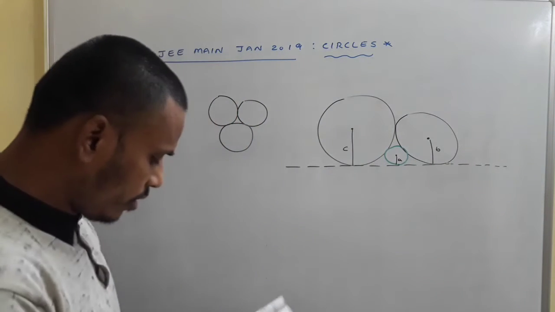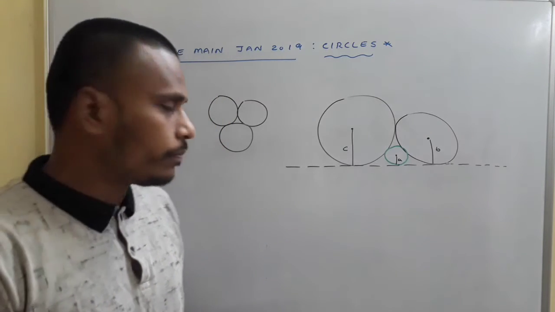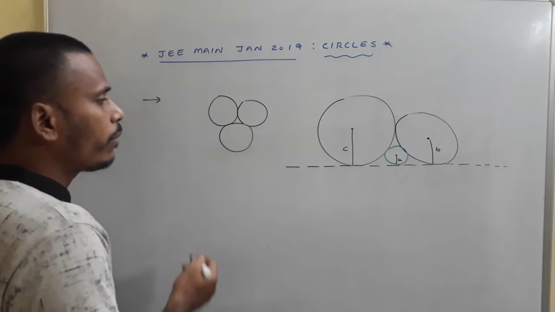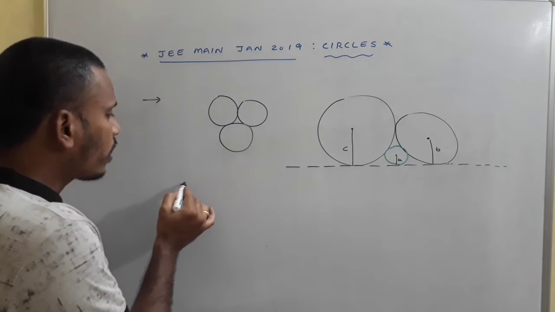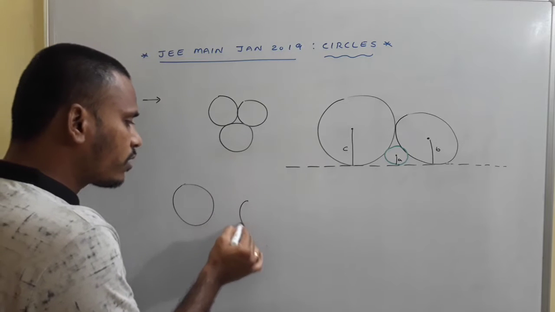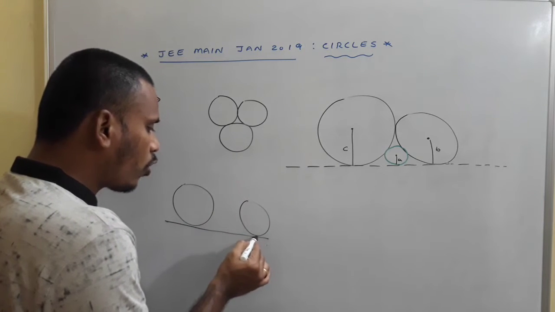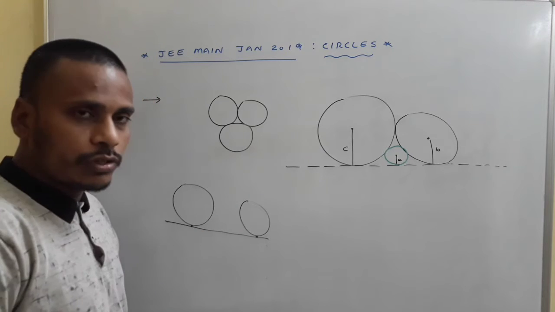Now the task is, we need to establish a relation between A, B and C. We are very familiar, if there are two circles like this, then we know the length of the direct common tangent of these two circles.